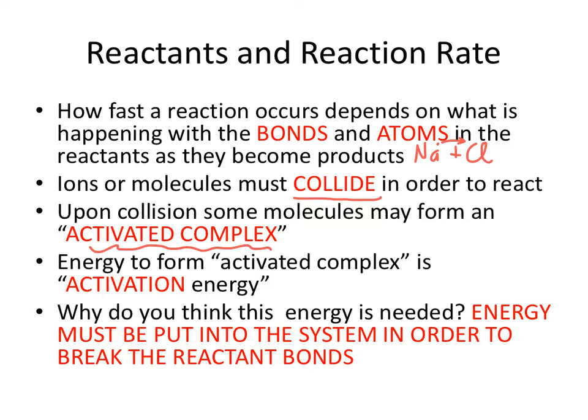Once you have an activated complex, it also needs to have enough energy to break the appropriate bonds and then move along to become product. That energy is referred to as the activation energy, and we will take a look at that shortly.